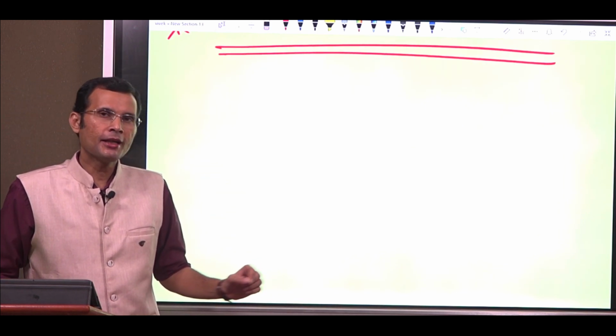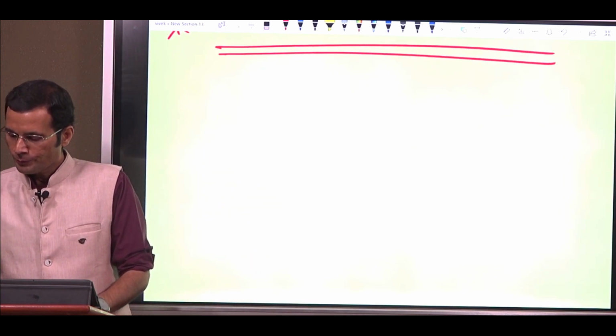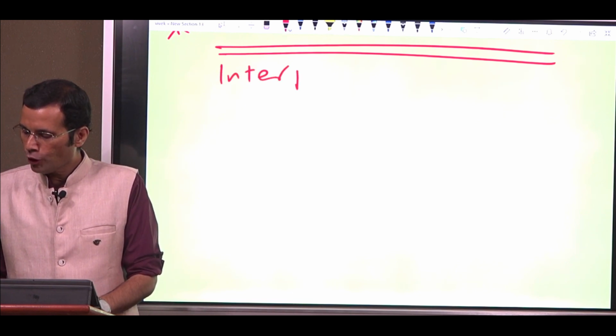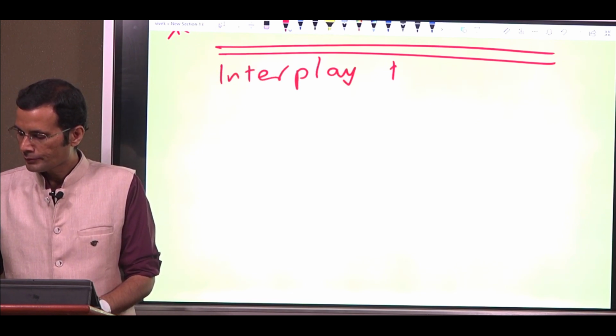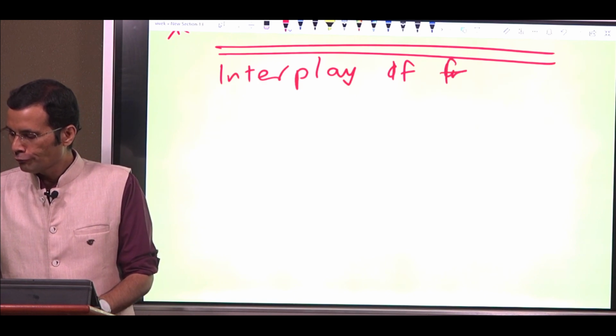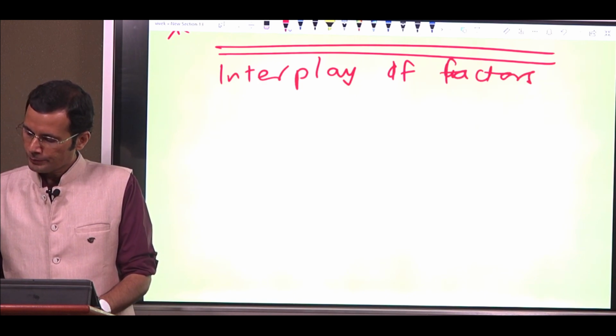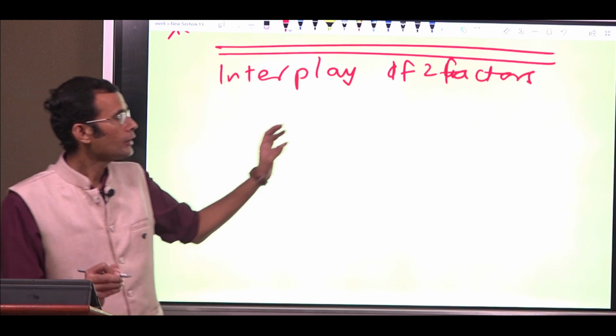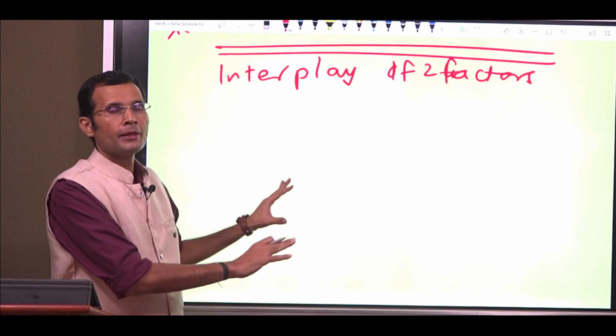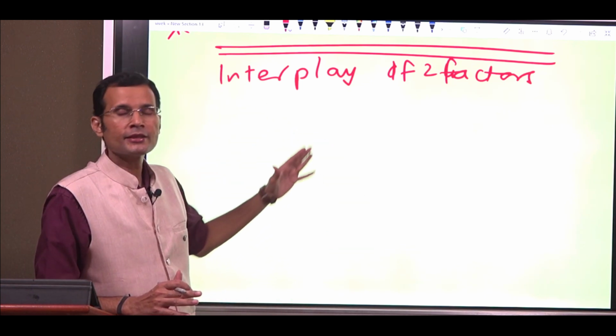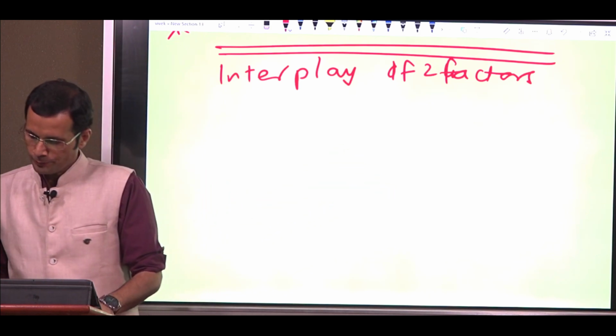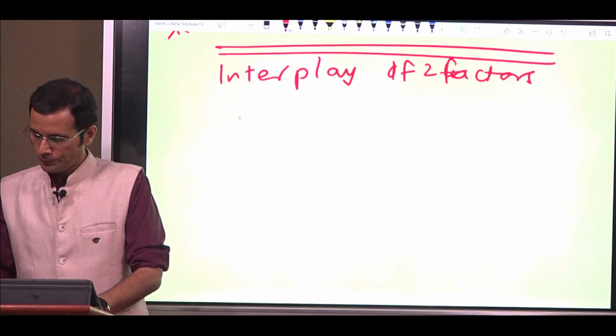The zones get created because of the interplay of two factors. There are two factors which are interacting, and it's their interplay which results in the different zones. What are those two factors?